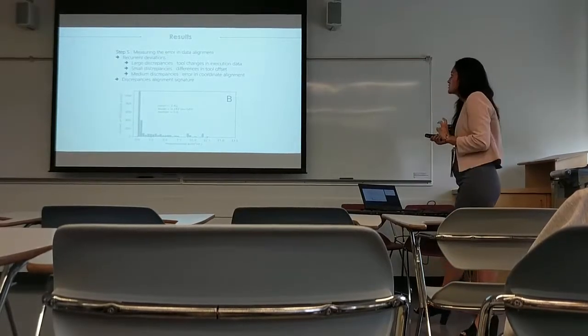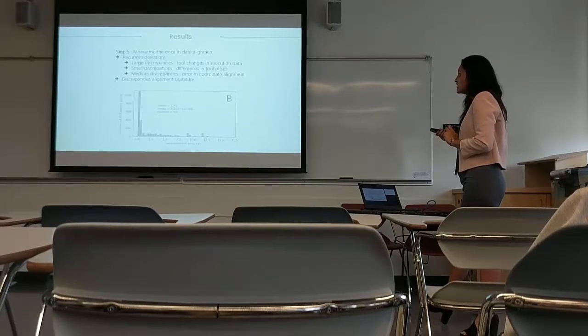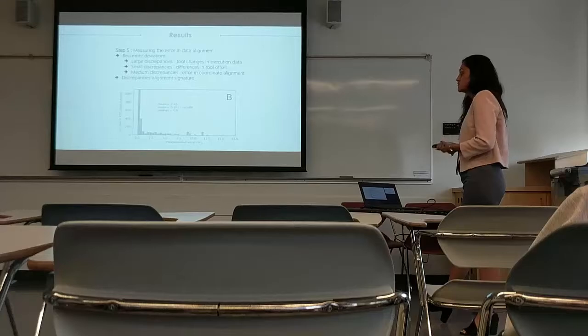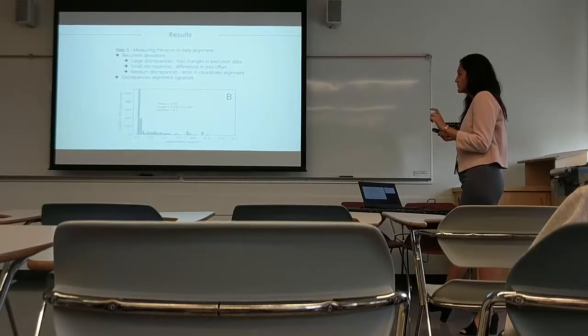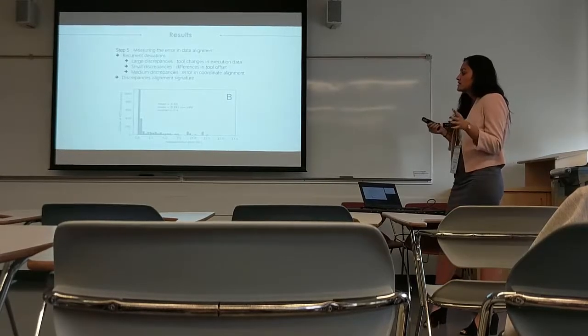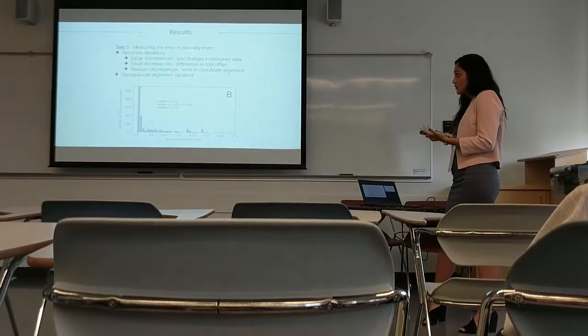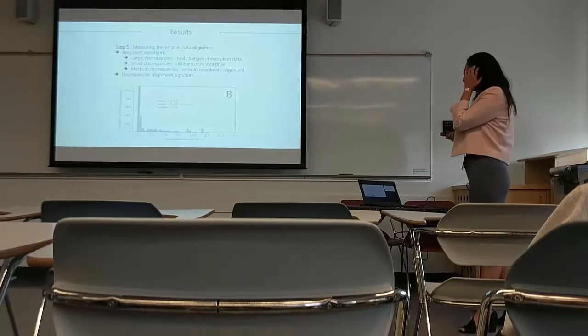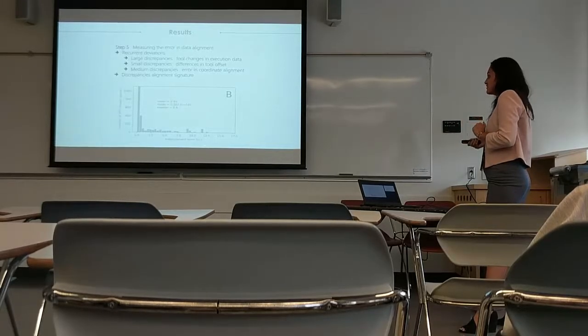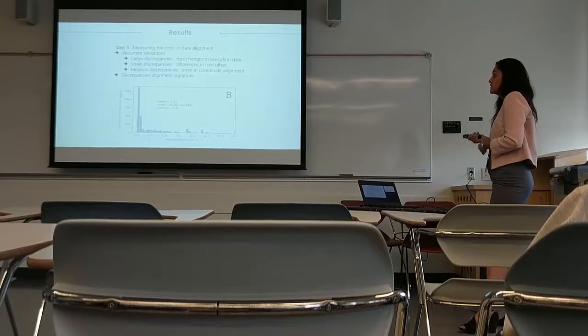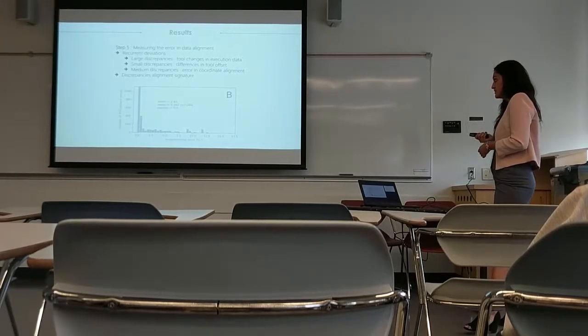And then we measure the error in the data alignment. Here, the same, we can see that there is a huge peak near 0, which means that the distance between the expected and the MTConnect point is low, which is good also. And here we see that there are large discrepancies. Those discrepancies are mainly due to the tool change in the execution data.